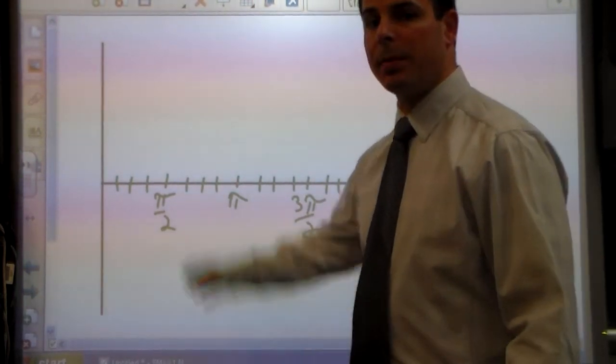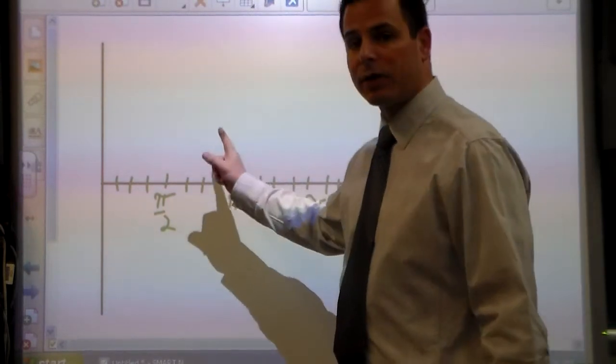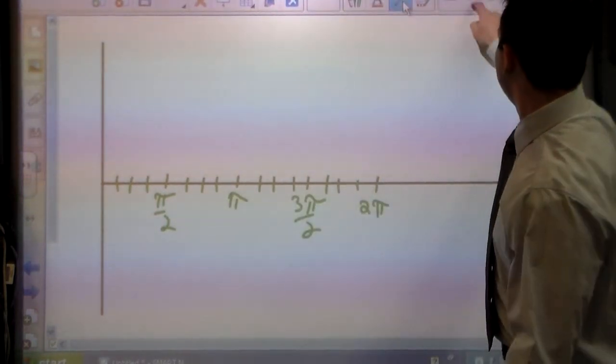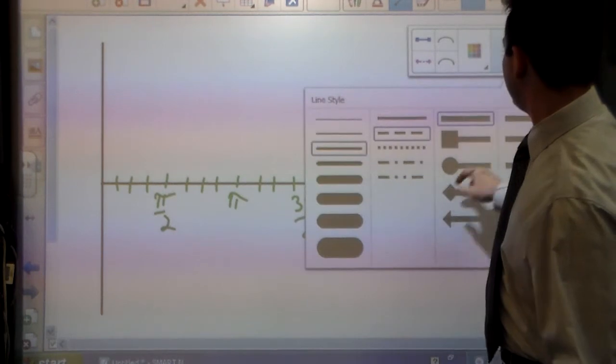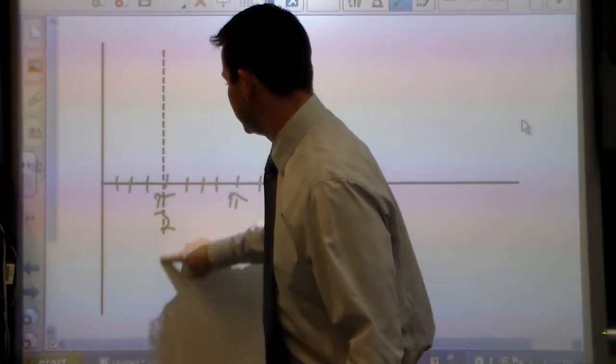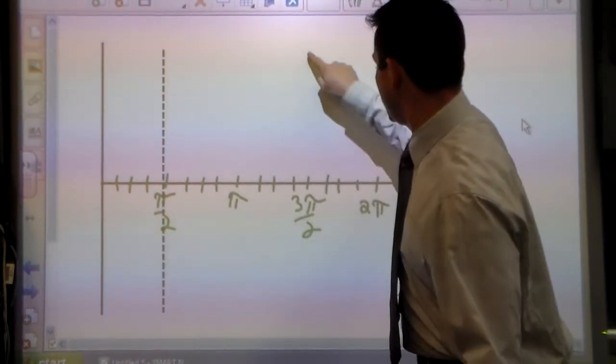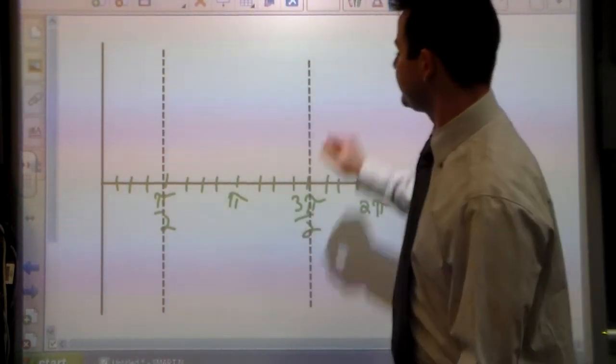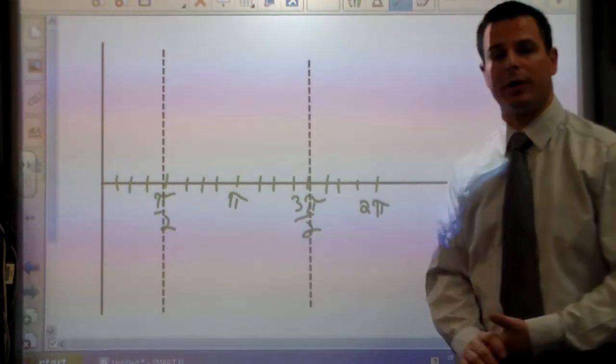The first thing I'm going to do is put my asymptotes to remind myself not to cross here with the graph. So my asymptotes are at pi over 2 and 3 pi over 2. Again, the graph doesn't cross here.